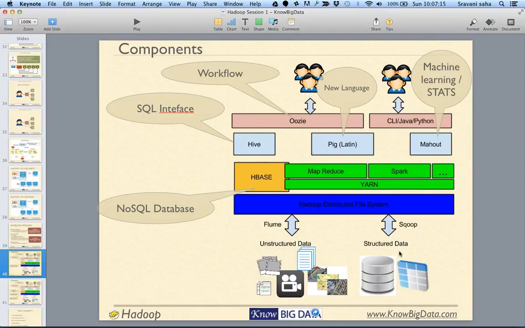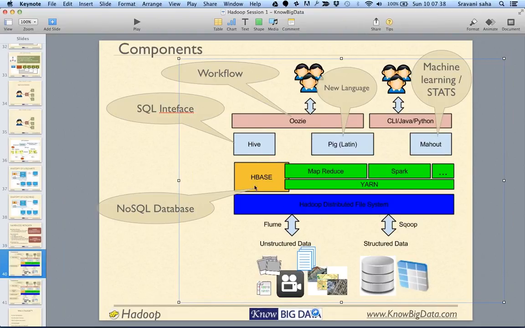All right, now let's have a look at the other components in the Hadoop ecosystem. As I said, Hadoop is basically an umbrella term and it contains multiple projects under the umbrella. Okay, so the first and foremost was HDFS, which we just talked about.